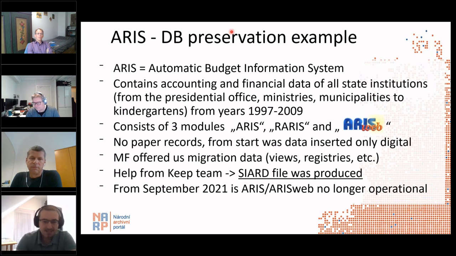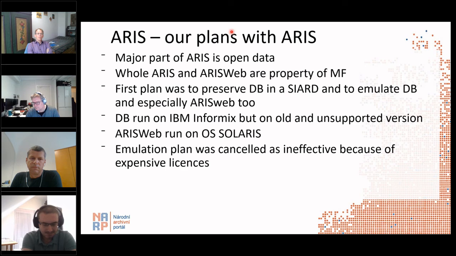Although ARIS is mainly open data, thanks to preserving it in a CR file 2, we are able now to present data even in a full version. We wanted to emulate the whole system because of the ARIS Web part. ARIS Web had daily visitors searching and scaling the data.